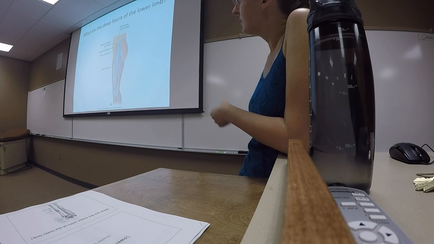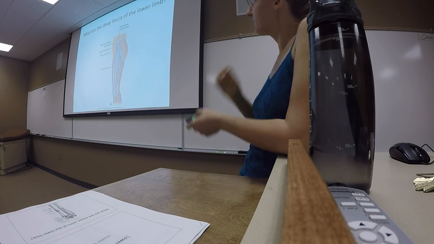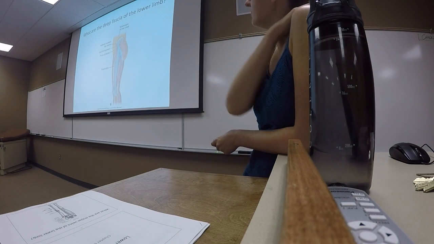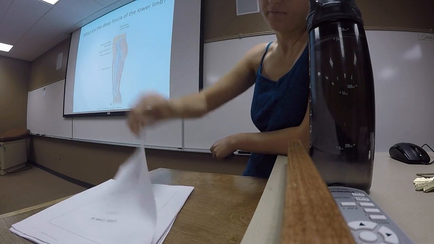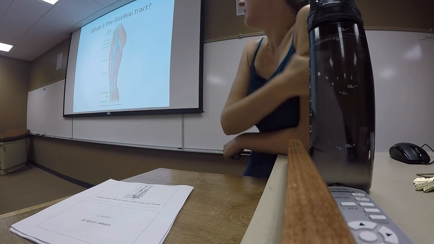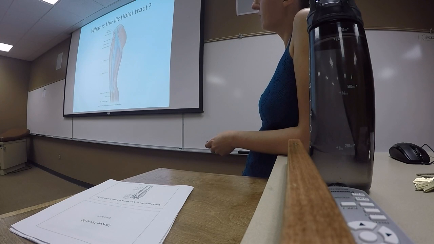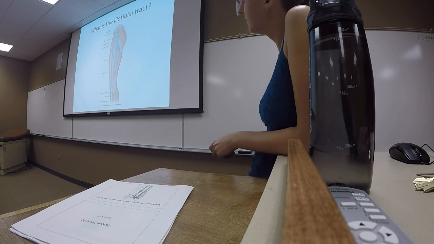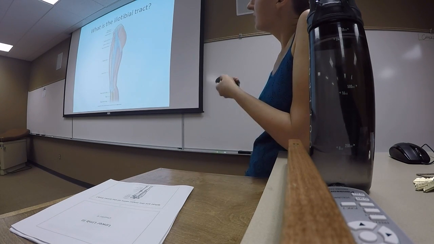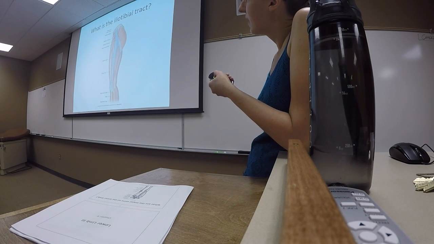And this is the iliotibial band. I think I have that on the next slide, don't I? Yeah, iliotibial tract. So either one of those is commonly used. So the iliotibial tract has an attachment up here on the crest of the ilium.